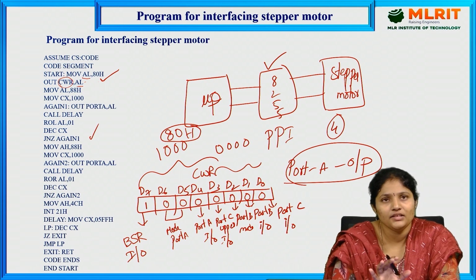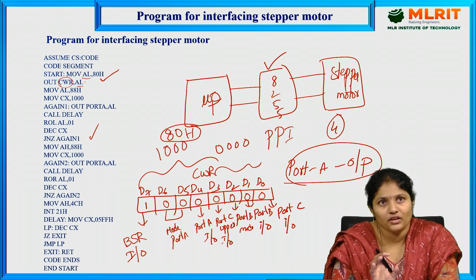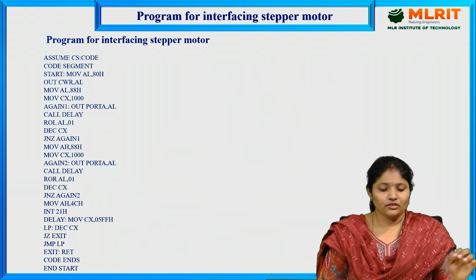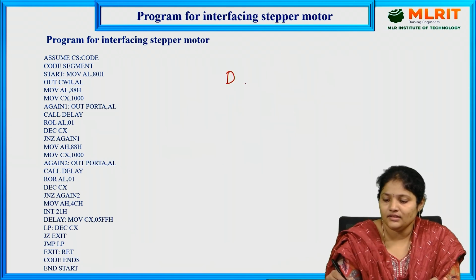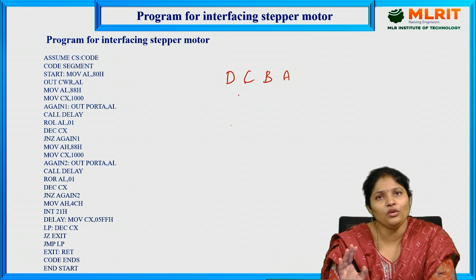Now our 8255 is set so that port A is used as an output port, port B is also an output port, and port C is also an output port. Now coming to the next thing. What are the phases? D, C, B, A. To give inputs to the 4 phases, only 4 bits are required.